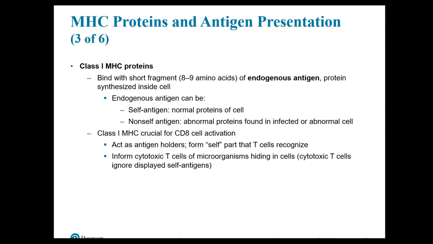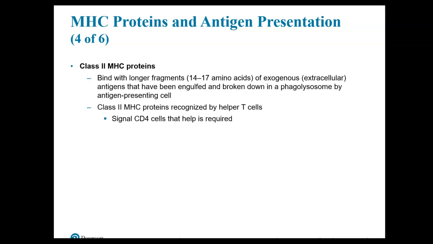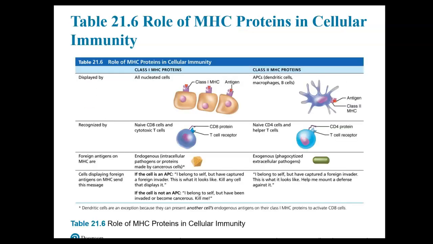But they're not going to activate CD8 T cells because CD8 T cells already know to leave self-antigens alone, except in the case of autoimmune disorders. Now, the Class 2 MHC proteins, CD4 T cells recognize those, okay? And those are only found on antigen-presenting cells, like dendritic cells, macrophages, or B cells.